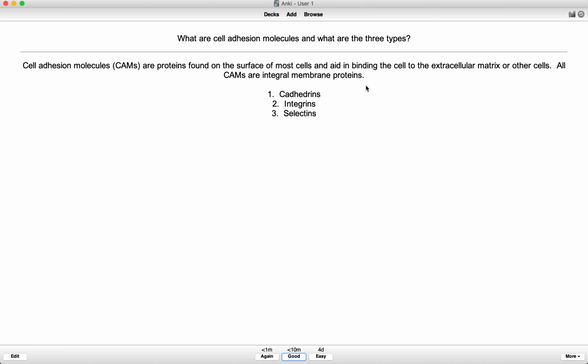Cell adhesion molecules: cadherins, integrins, and selectins. CAMs are integral membrane proteins.